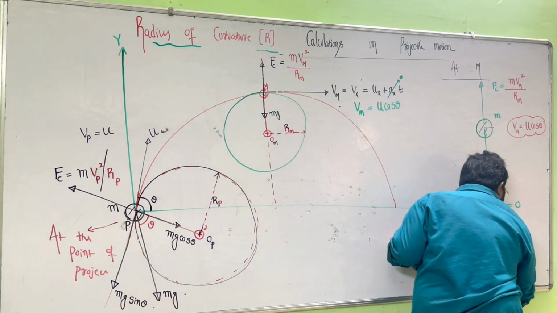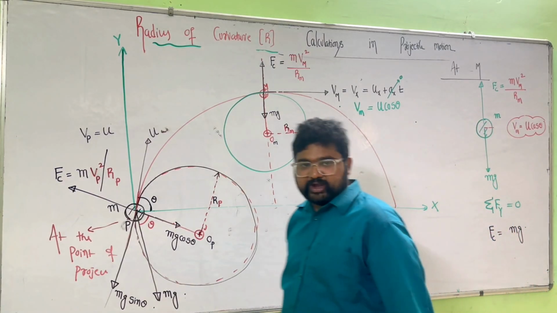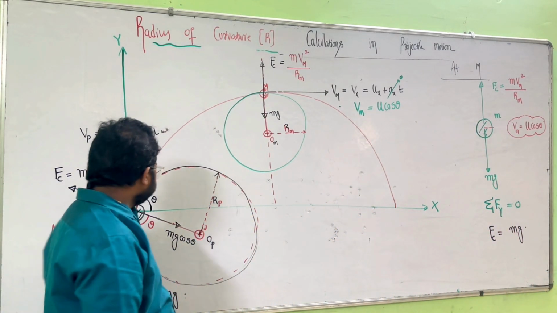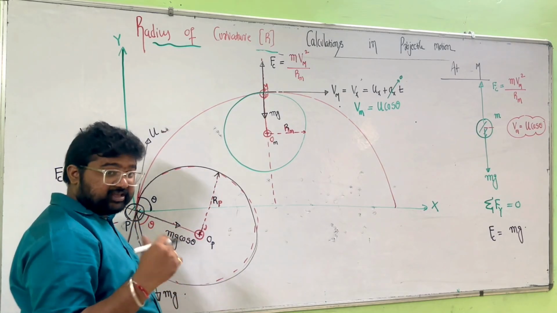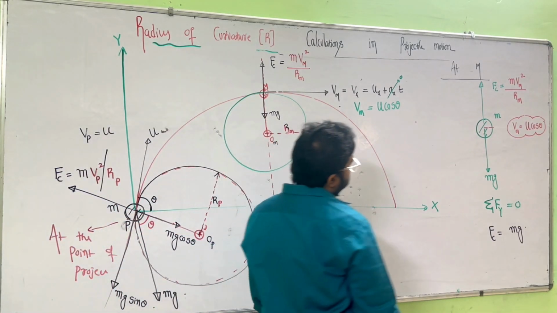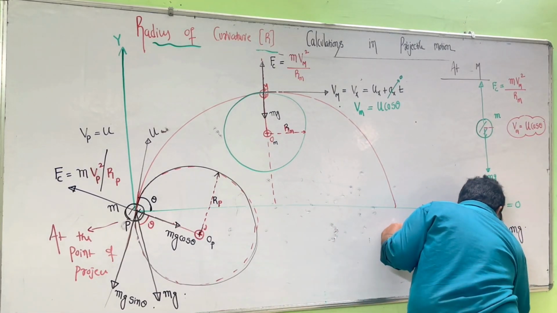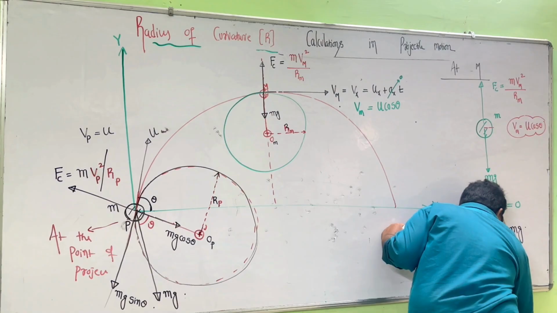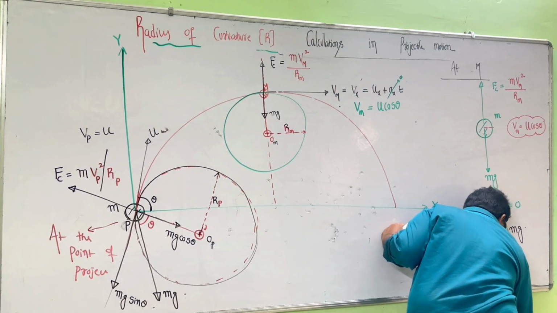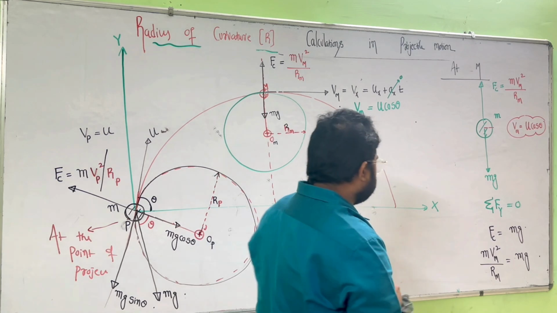Fc equals how much? Mg, directly Mg, the weight acting downward. At any point, the Mg component will be balanced by the centrifugal force. Here Fc equals Mg, so M into Vm square by the radius of curvature at maximum height equals Mg. Okay, so here what will we get?